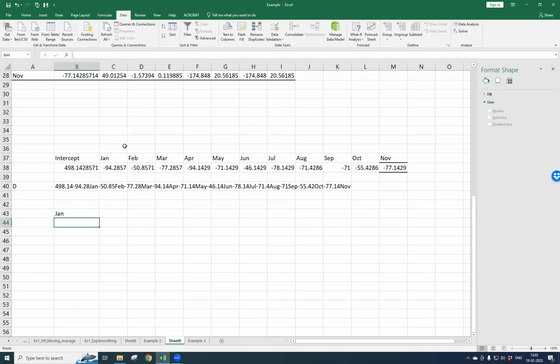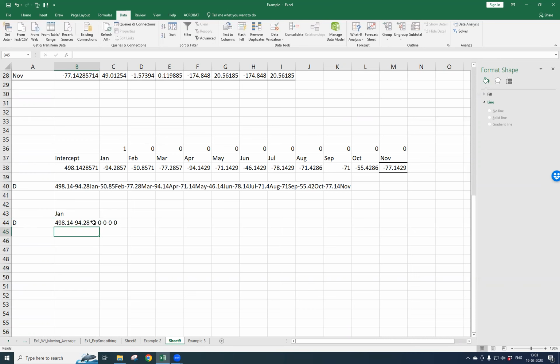I know that this value will be 1 and all the other values will be zeros. So just substitute values. Demand will become equal to 498.14 minus 94.28 into the Jan value, which is 1, minus all the other things are just going to be 0, right?